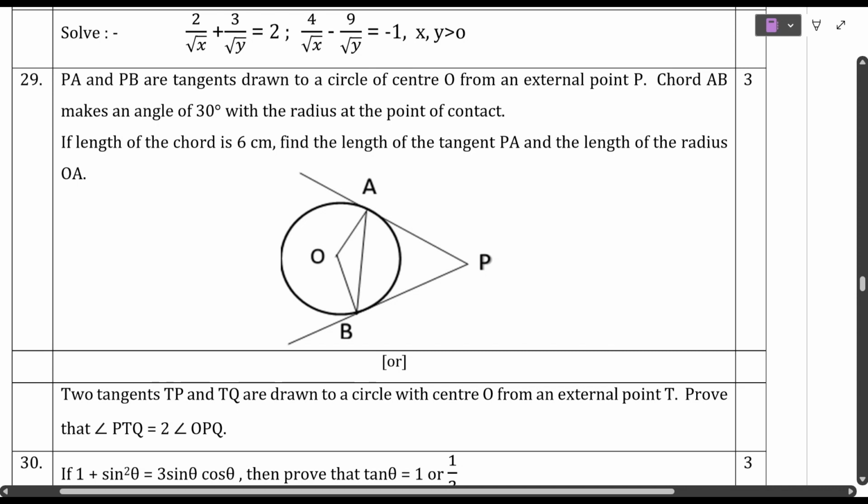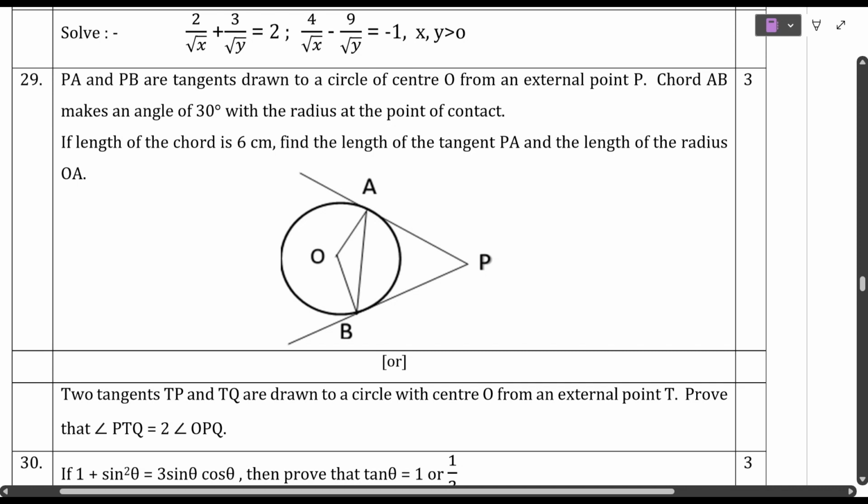Okay. So here the A part is PA and PB are tangents. Observe the tangents in the diagram, students, of a circle with center O from an external point P. Okay. Now chord AB makes an angle 30 degrees with the radius at the point of contact. So if the length of the chord is 6 centimeters, find the length of the tangent PA and the length of the radius OA.